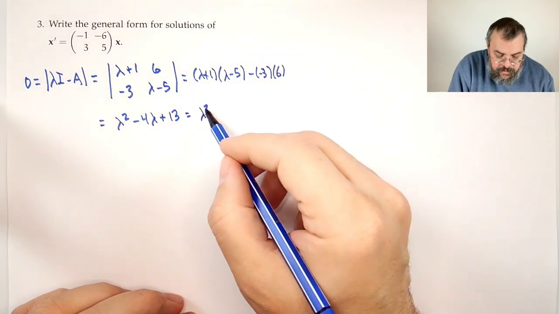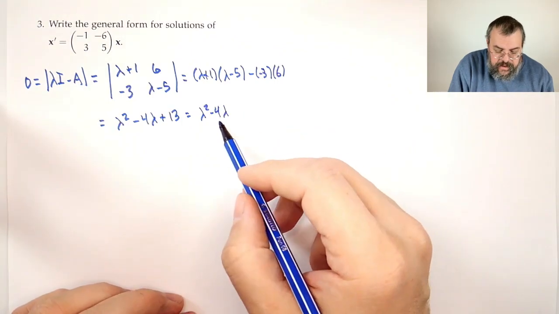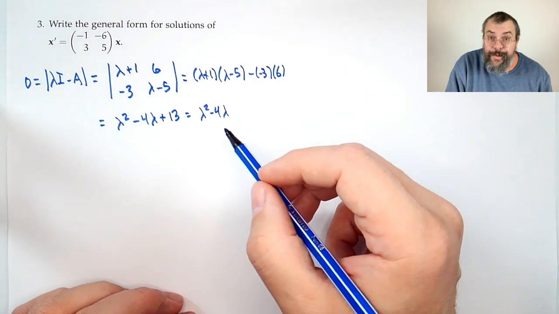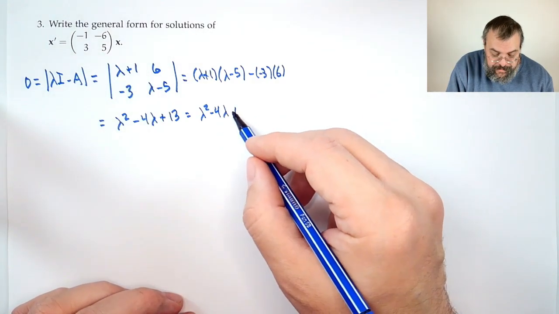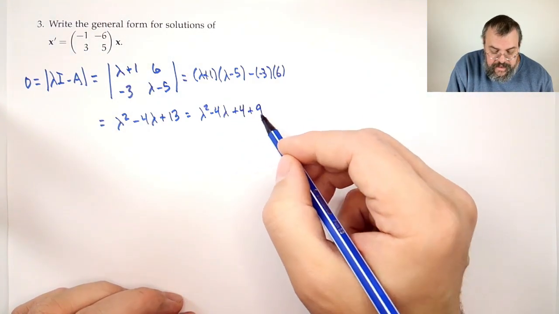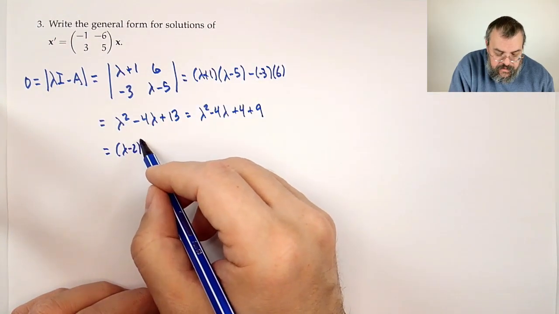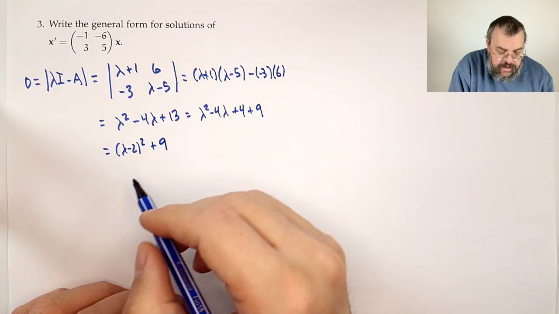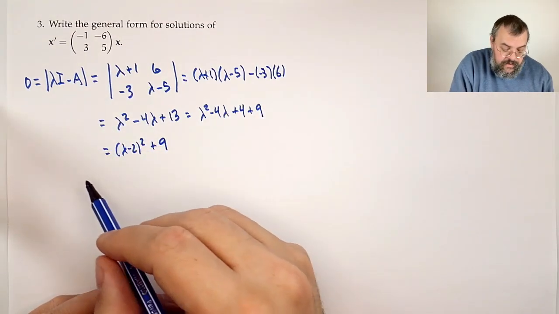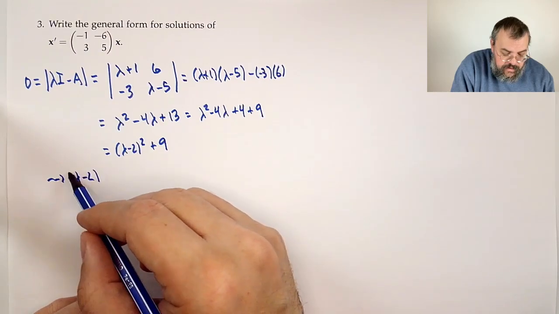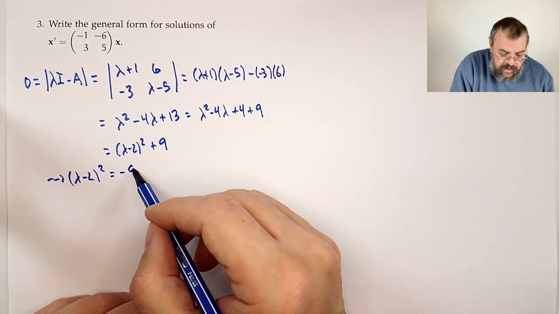Right? So this is lambda squared minus 4 lambda. Divide -4 in half, then square that. -2 squared is 4, so that's +4 plus 9, which makes this (lambda -2) squared plus 9. And remember, that equals 0. So that tells us (lambda -2) squared is -9.